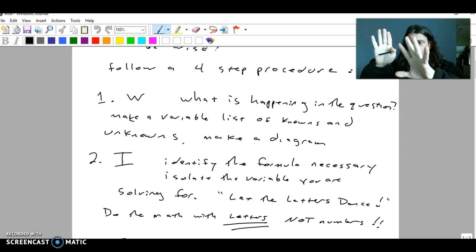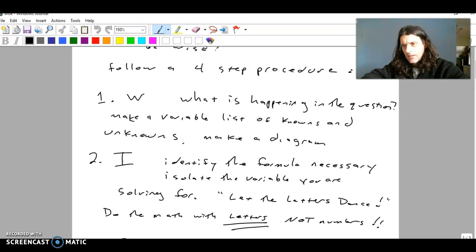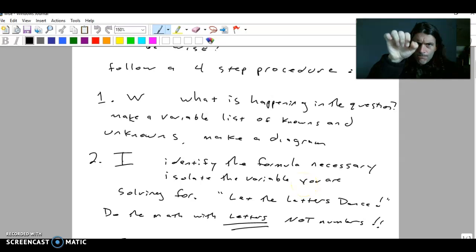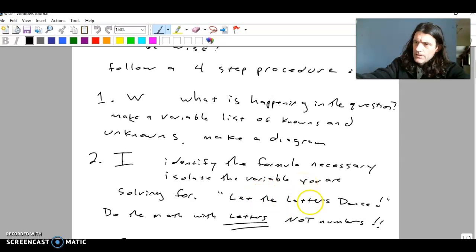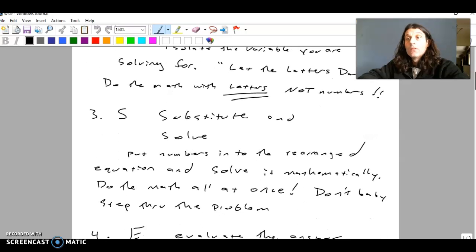Let the letters dance to isolate whatever letter you need on one side of the equal sign. All right, let the letters dance. Do math with letters, not numbers. Don't do math with numbers until the S step.